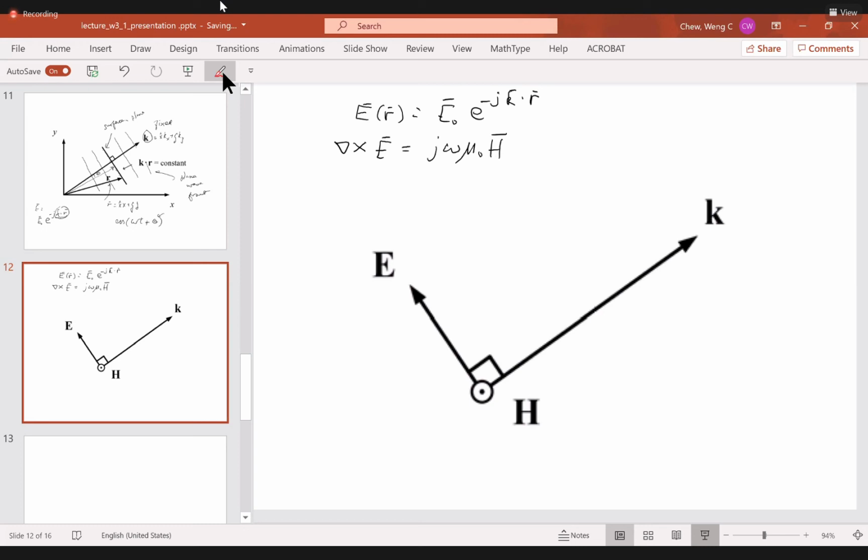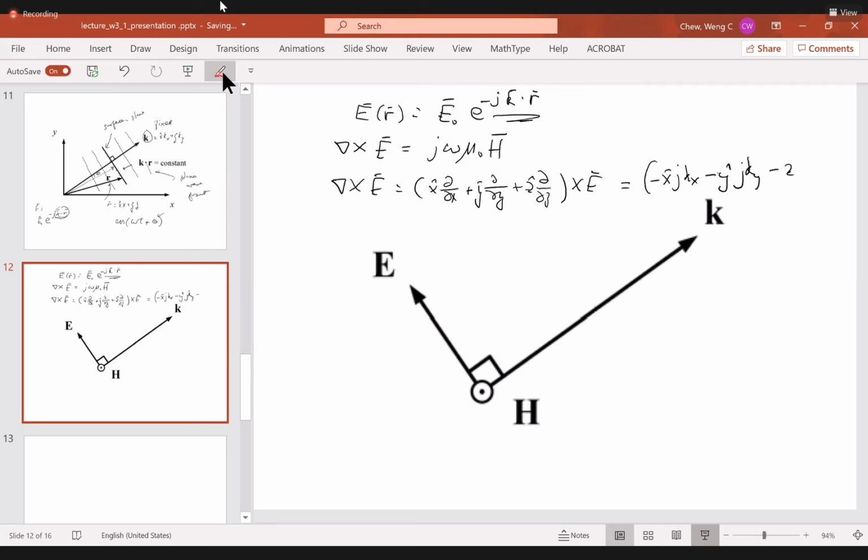Then if you plug this in here, curl of E is x partial x plus y partial y plus z partial z cross with E. You can plug it back in, and because of the simple behavior in the exponent, this will just become minus x hat jkx, minus y hat jky, minus z hat jkz, cross with E. Can you see that the derivatives, when operating on this function, are very simple?